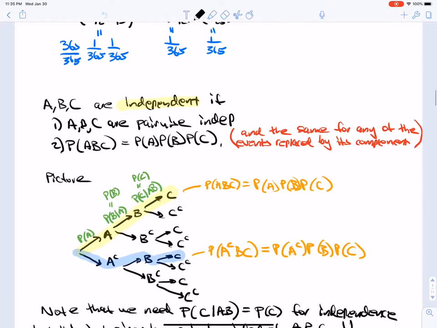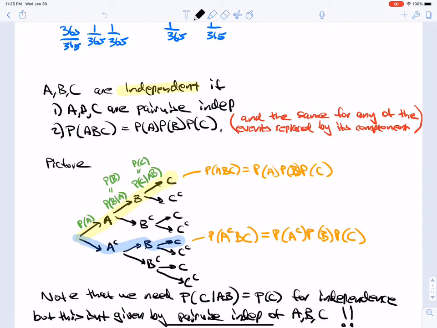We say that A, B, C are independent if A, B, and C are pairwise independent, and the multiplication rule for A, B, and C holds as written here. And just like for independence of 2, if A and B are independent, then we saw before that you get A complement, B are independent, and all variations of complements.